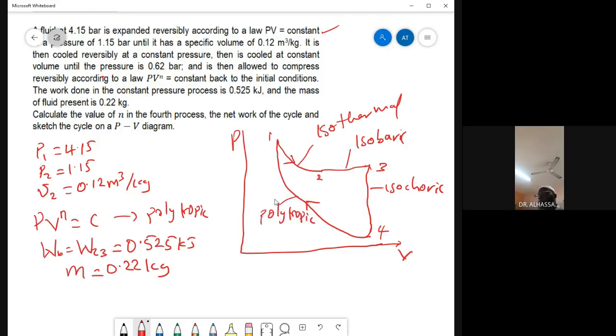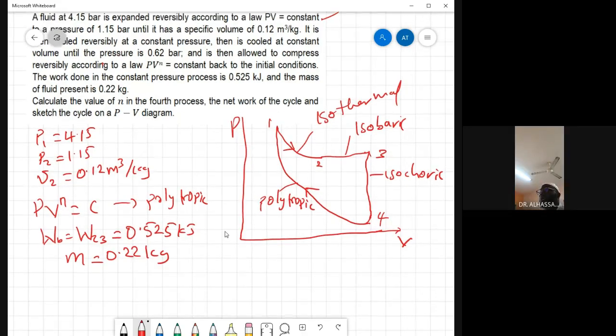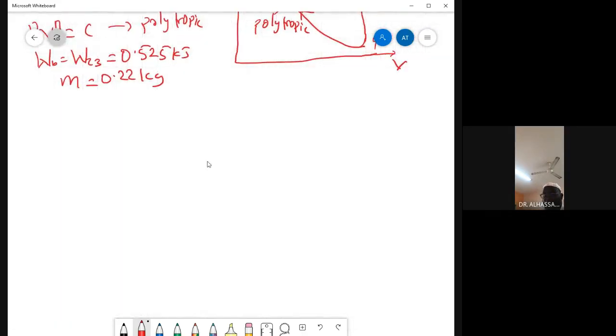Okay, so we want to calculate the value for n in the fourth process. Everything is now clear to us. But we all know that the fourth process is governed by a polytropic situation.